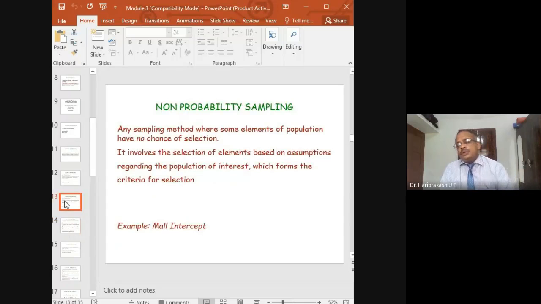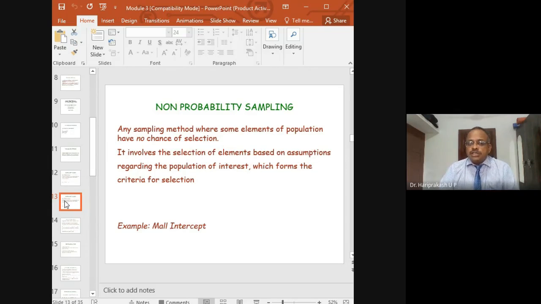Okay, so that is about probability and non-probability sampling. In today's session, we have discussed what is a sample, what is sampling, what is a population, what are the steps involved in the sampling procedure, what is probability sampling, what is non-probability sampling, and we have named the different probability and non-probability sampling types.